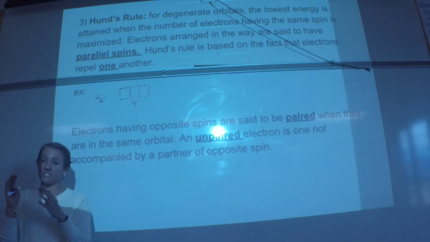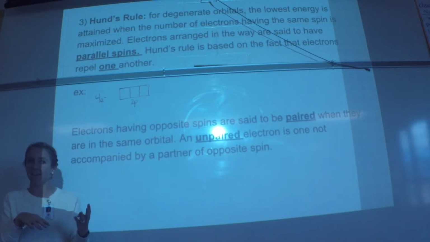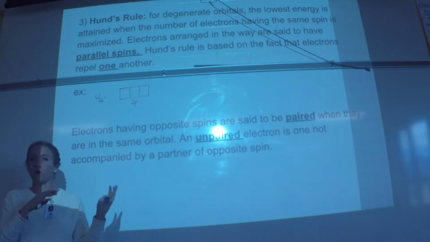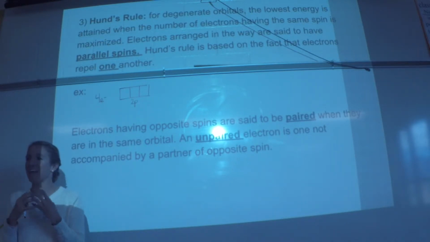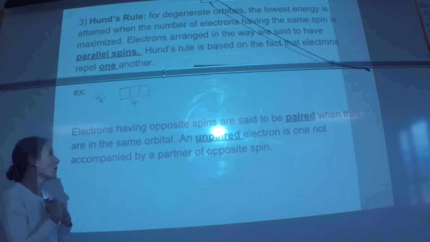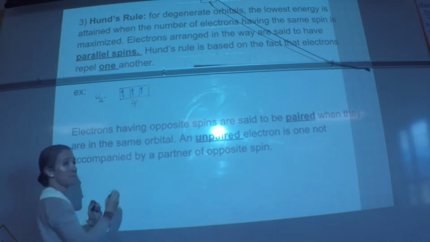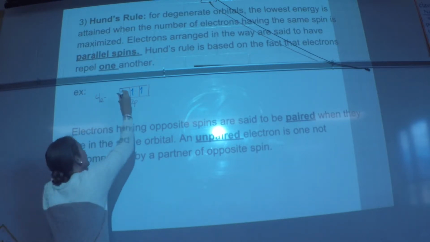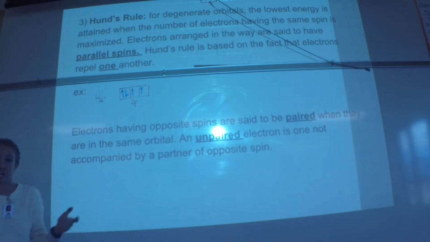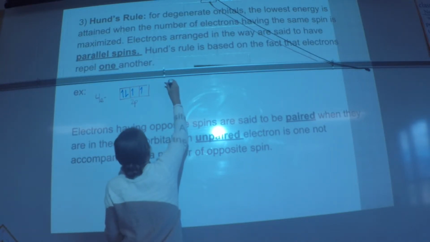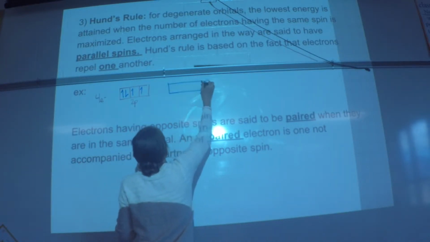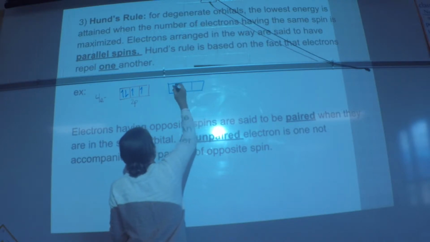And they each take the same spin. It doesn't matter if they all go up or they all go down. They just have to be the same. So what I always do is I say up, up, up. And then that one's going to have to share because there's 4 of them. Or they could sleep on the ground. But you wouldn't have a case like this.